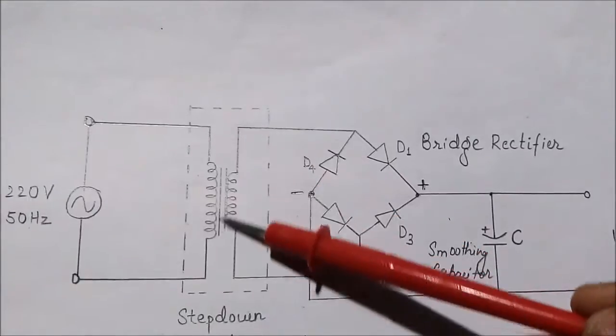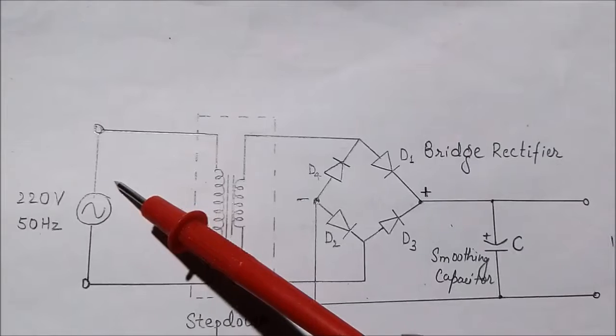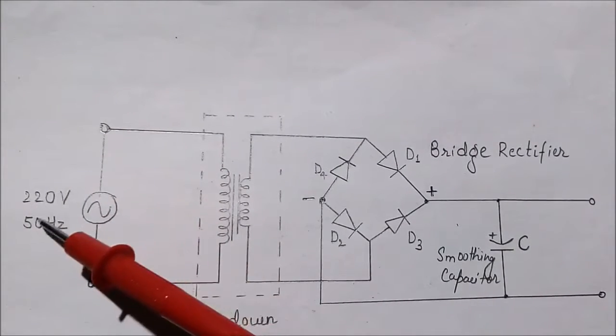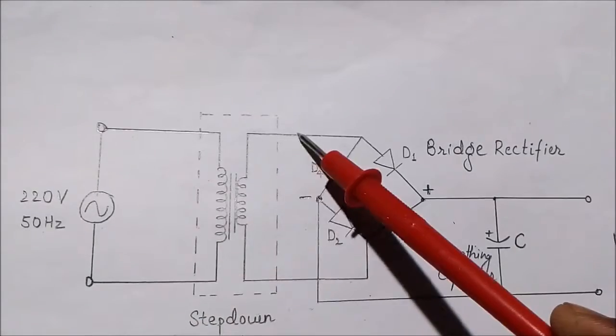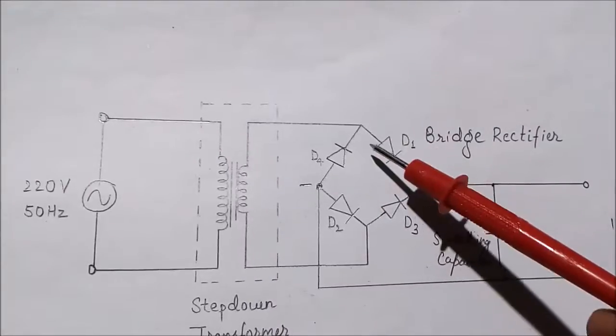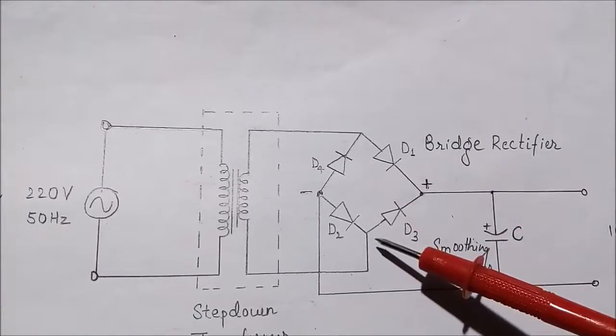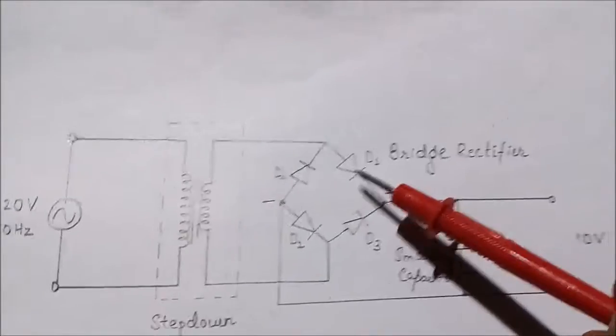This is the transformer. The primary coil of the transformer is connected to the input of 220 volt 50 Hz AC voltage, and the secondary coil of the transformer is connected to the points A and B. This is the bridge rectifier.